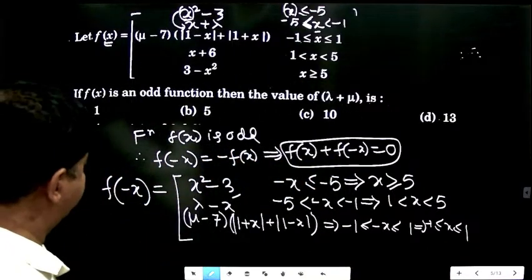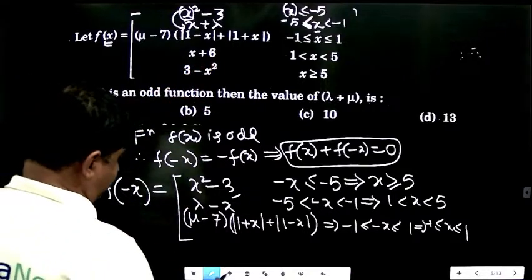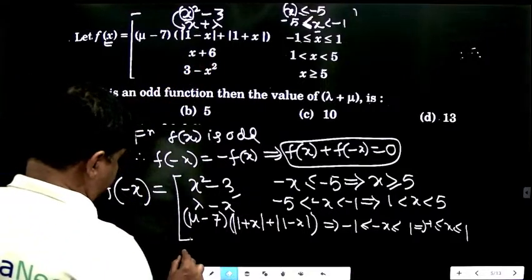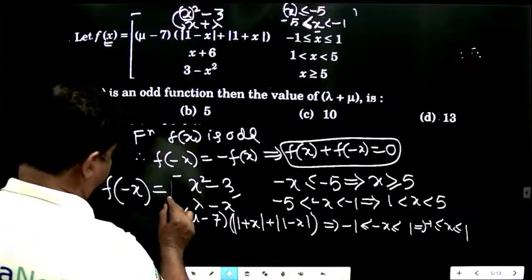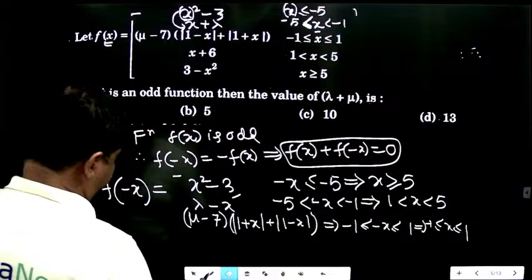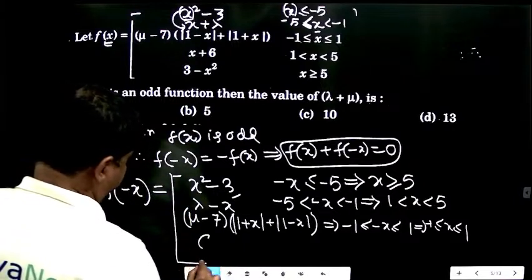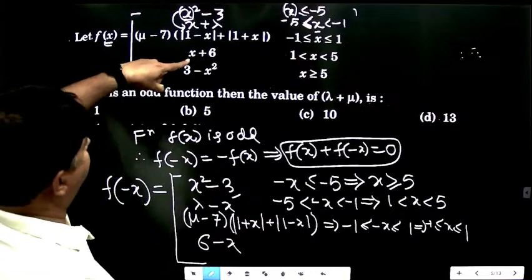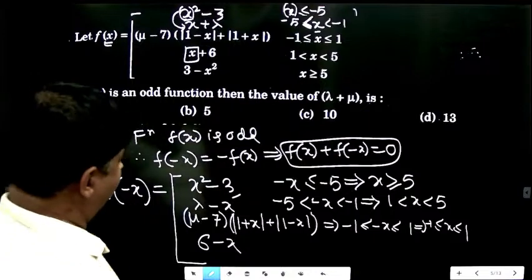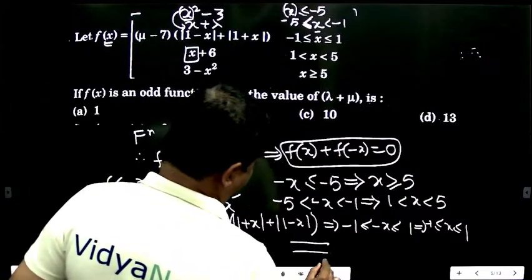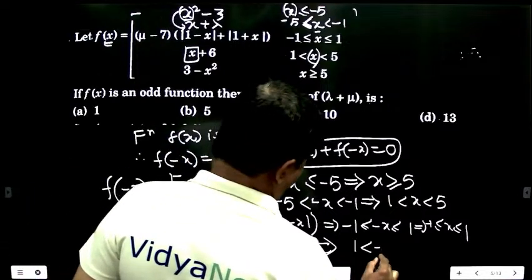So in the fourth equation, 6 minus x. In place of this x, I am putting minus x. Then in place of this x, I am putting minus x.